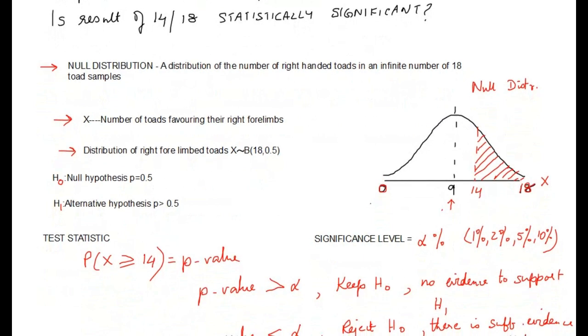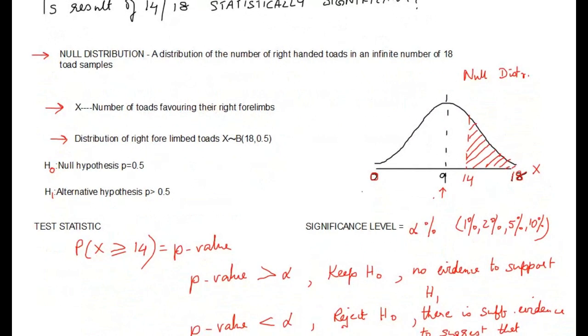A null distribution is if you assume that many 18-toad samples were randomly chosen and the number of right-handed toads was recorded, it is expected, under the assumption that toads don't prefer any limb, that you are likely to get a series of values for number of right-handed toads between 0 and 18.